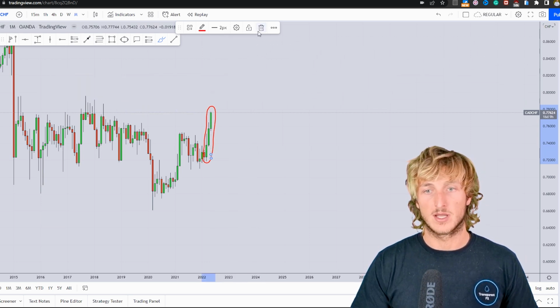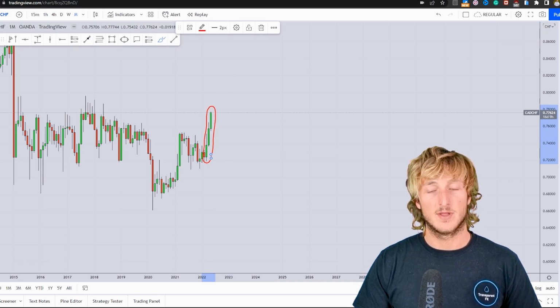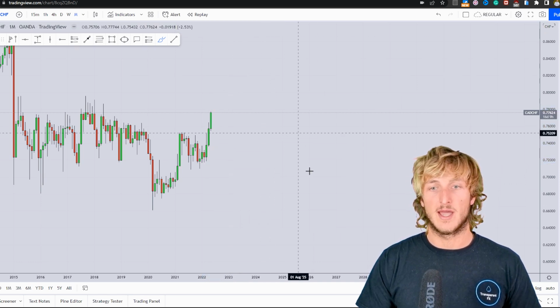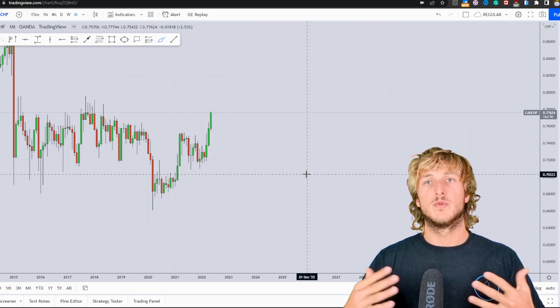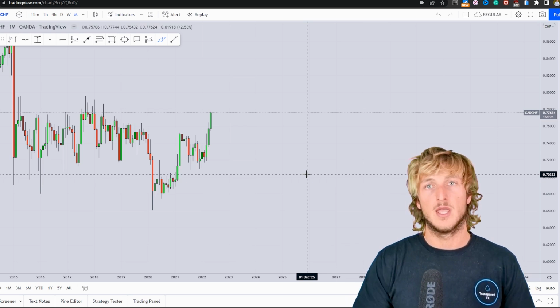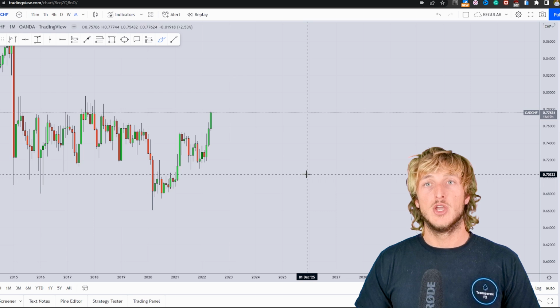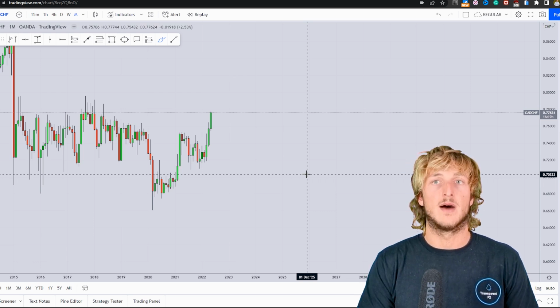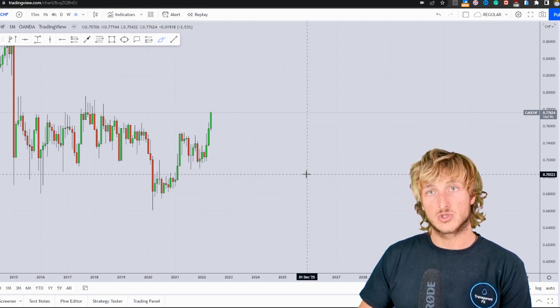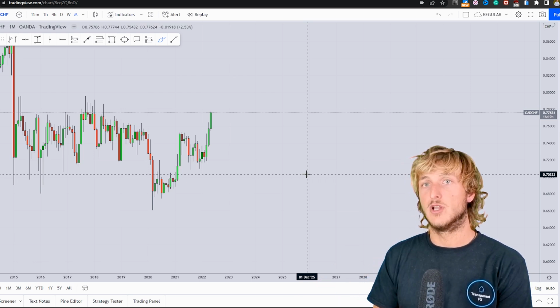So if you're looking at the market from a monthly perspective, then clearly you will have the long-term view of that specific pair. If you look at the lower time frames, you can actually use the changing trends from a lower time frame perspective to trade in the direction of the longer term trend.